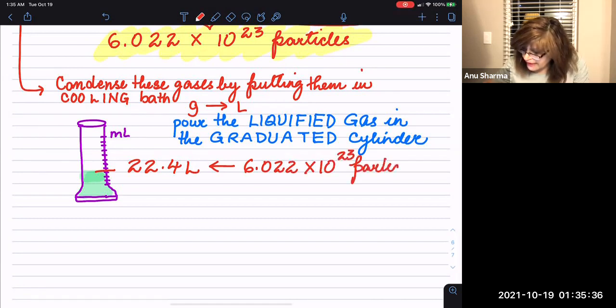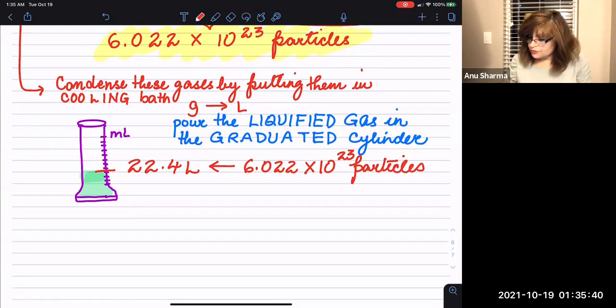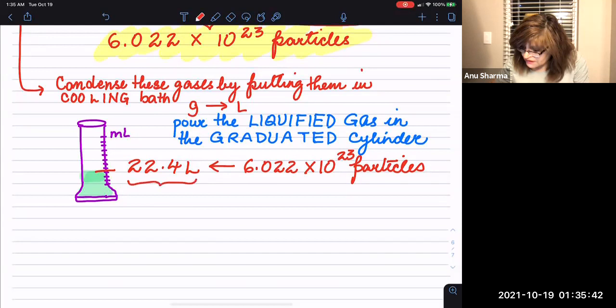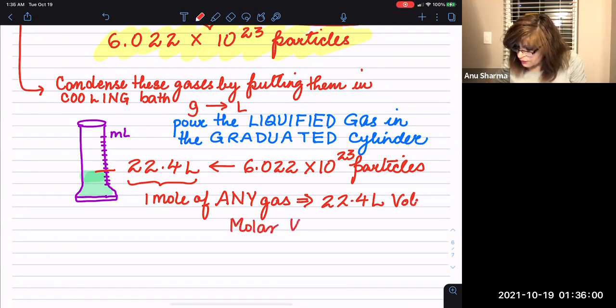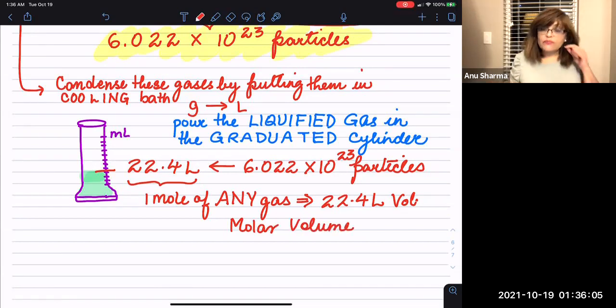No matter what the identity of the gas is, it doesn't matter, they occupy this much volume. So this is the volume of 1 mole of any gas; it will occupy 22.4 liters. This is also called a molar volume, or the volume of 1 mole of a gas.